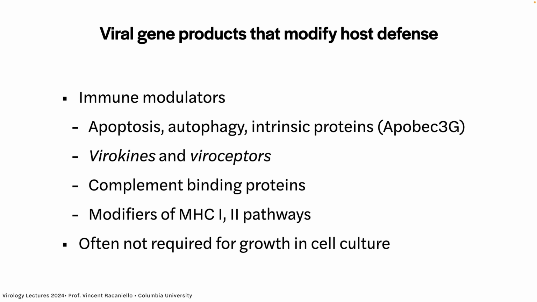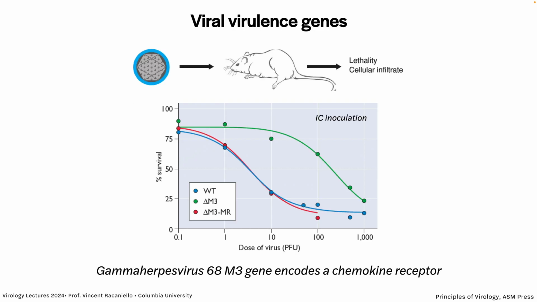MHC1 and 2 are very important molecules to display viral antigens to T cells. And there are modifiers of that, which we can reveal as virulence determinants. And again, all these are not required for growth in cell culture because we don't have much of these responses going on there.